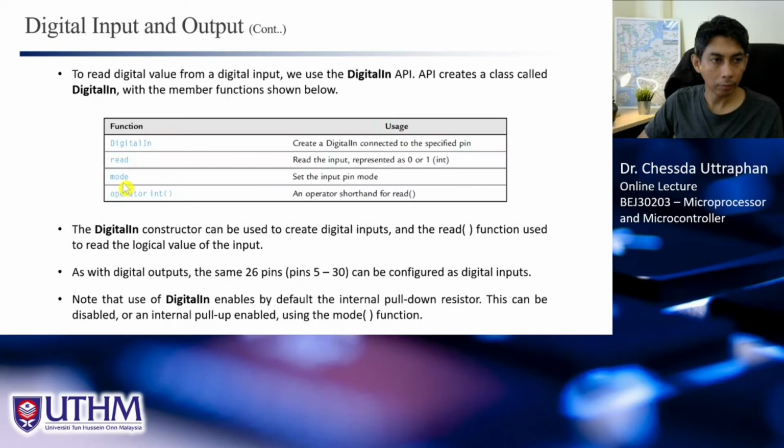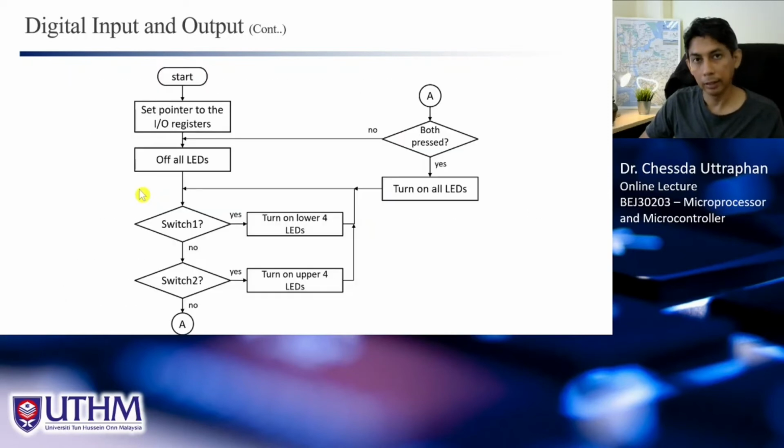Now, DigitalIn and DigitalOut handle one bit, one pin at a time. Now let's say we have an application like the one we saw in chapter 3, where we have two switches, switch 1 and switch 2.